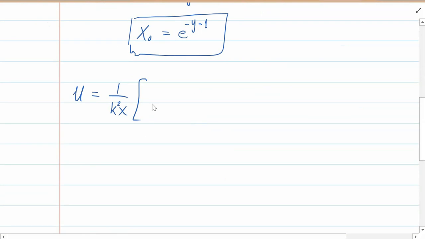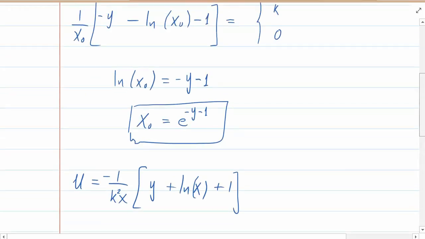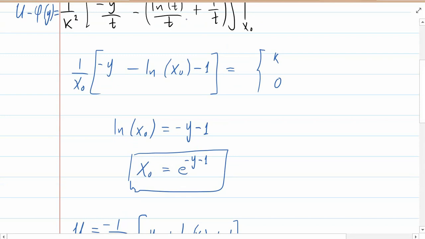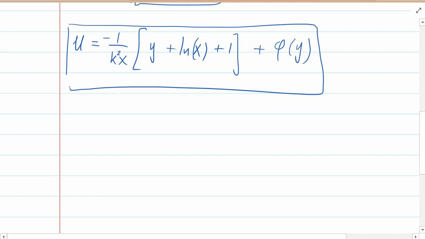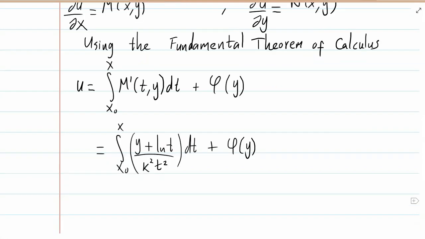I want to factor out the negative as well. So I get y plus natural log of x plus 1. And this minus, and when I evaluate this whole thing at this point, this thing cancels, so I don't need to worry about it. And we end up with this plus some function of y. Now that should be my equation 4.